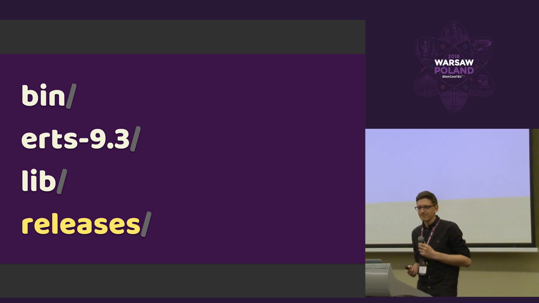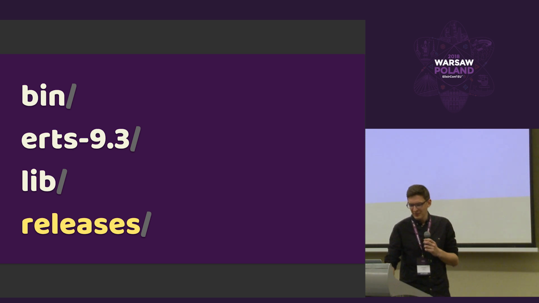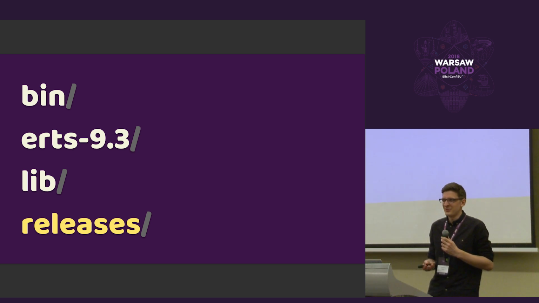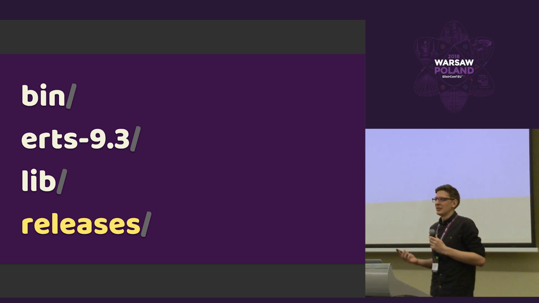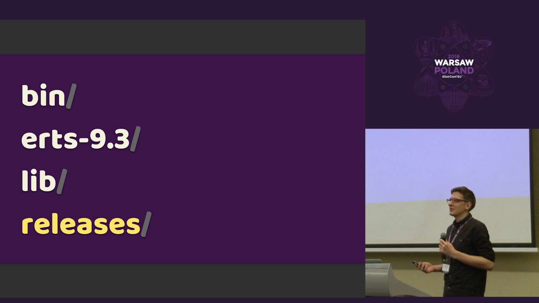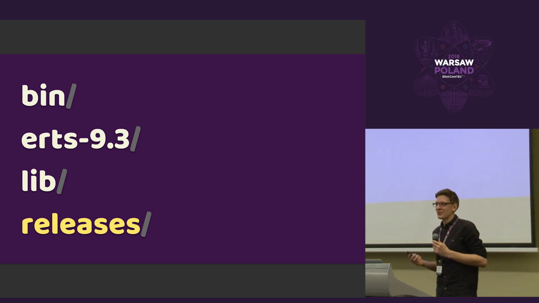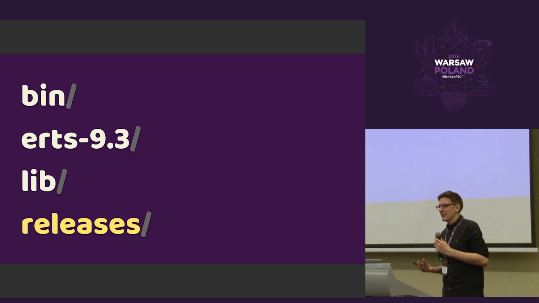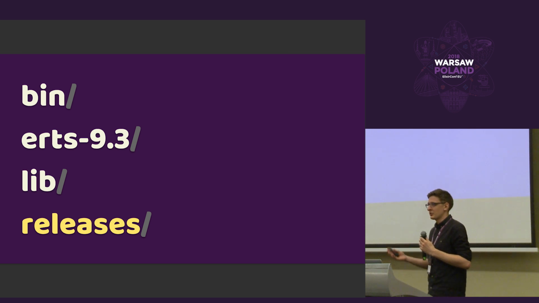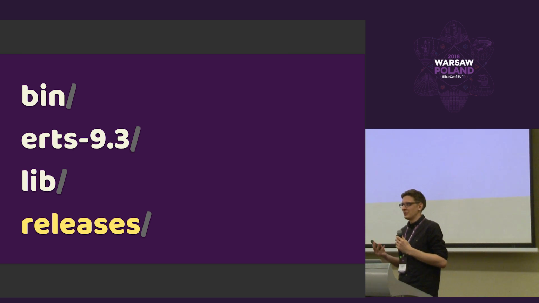Now, I wonder, why is there a releases directory? I mean, we're looking at a release. Why is there another releases directory inside? Now, when you use hot code loading, you want to avoid falling into the trap of thinking of this release package as sort of an immutable container that you would just transfer to your server, extract, unpack, start, stop, and destroy each time you do an upgrade.